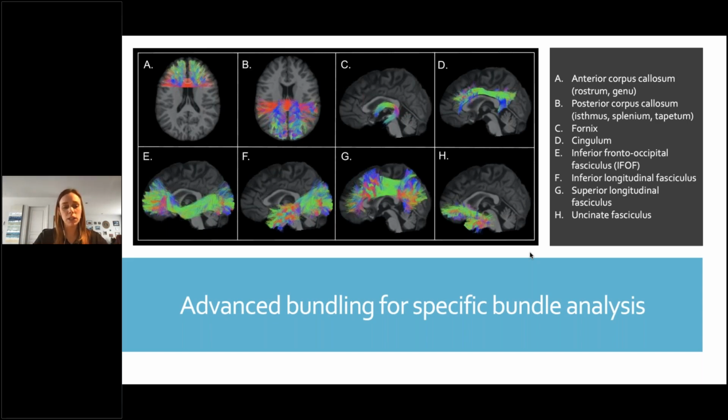We chose those bundles because their function is restricted to the brain, and their function would not be affected by lesions inside the spinal cord. We didn't do tractography or study of the spinal cord, and we really wanted to study bundles restricted to the brain. Also, the selection of a restricted number of white matter bundles was made to minimize the number of statistical tests and to avoid false positive results.